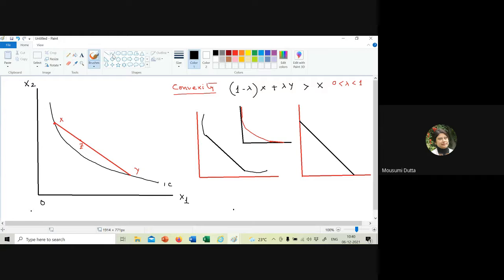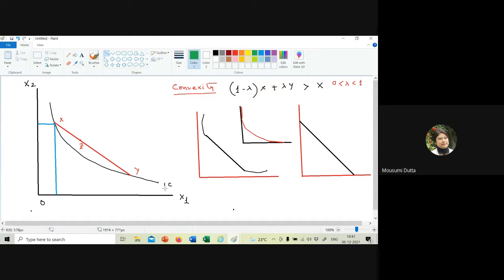Now at x, I am consuming this amount of x1 and this amount of x2. This is a rectangle, so this length is similar to this and this length is similar to this. So we can say that we are consuming this amount of x1 and this vertical amount of x2 at the point x.